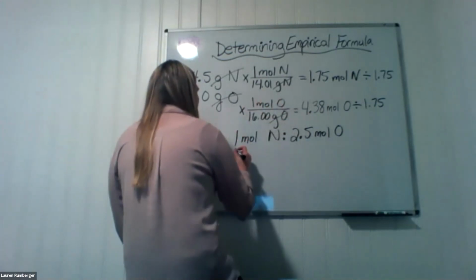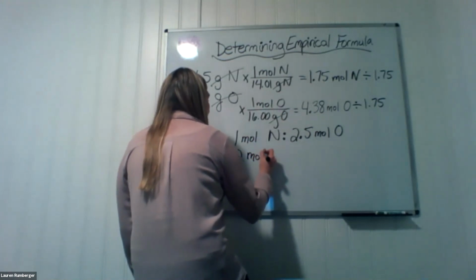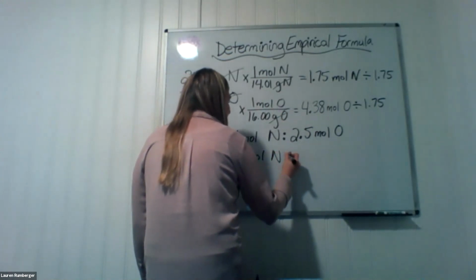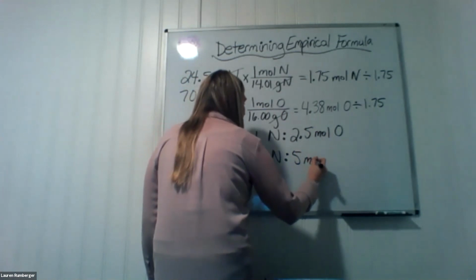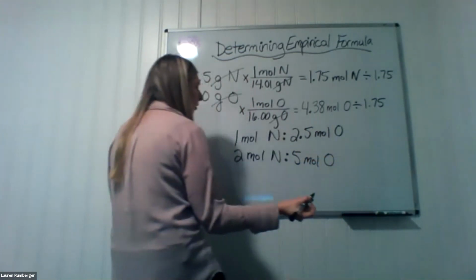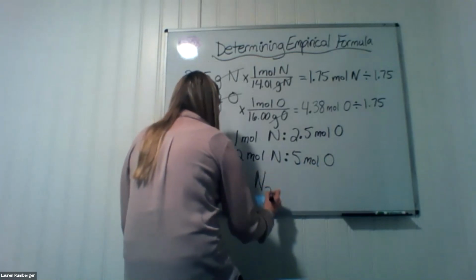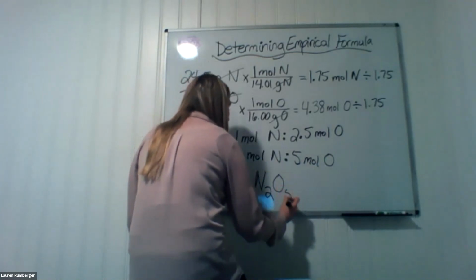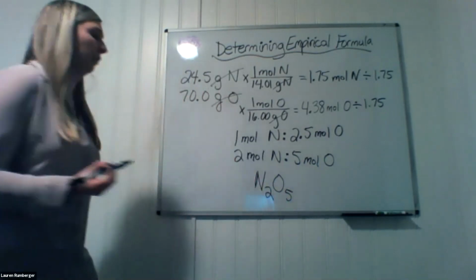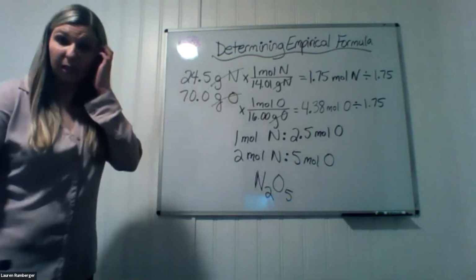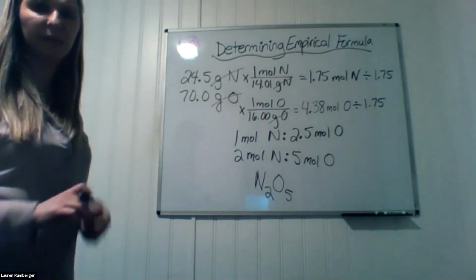So now this is going to be 2 moles of nitrogen to 5 moles of oxygen, which gives us the chemical formula N2O5.